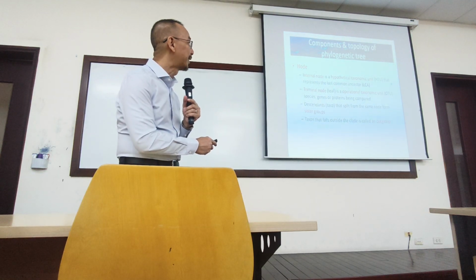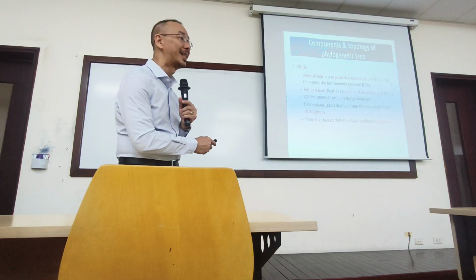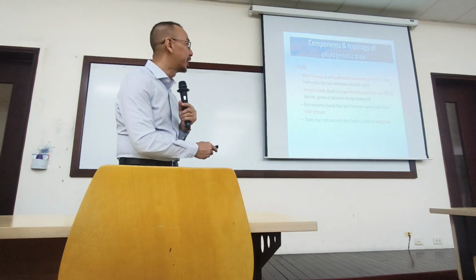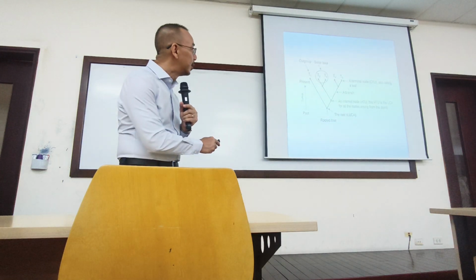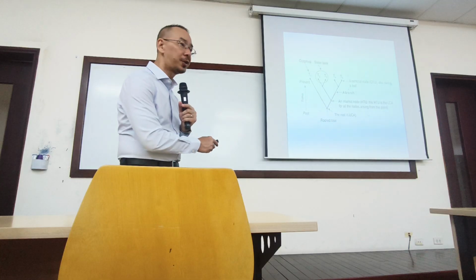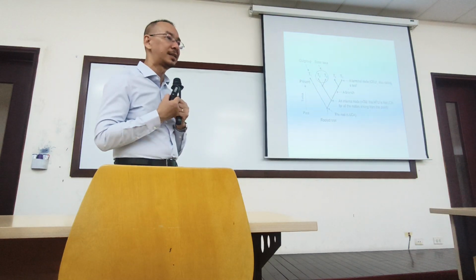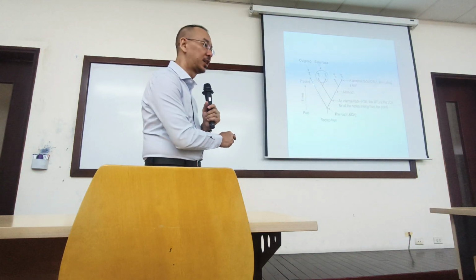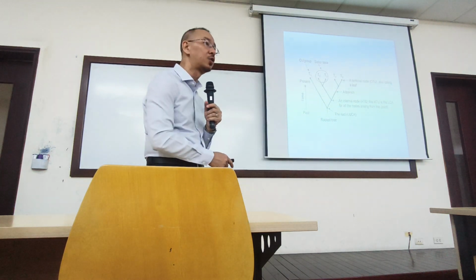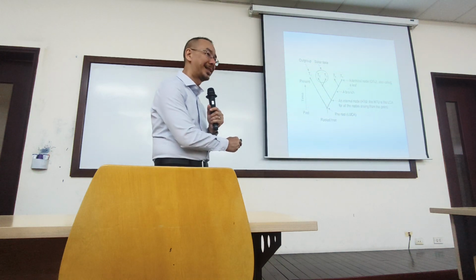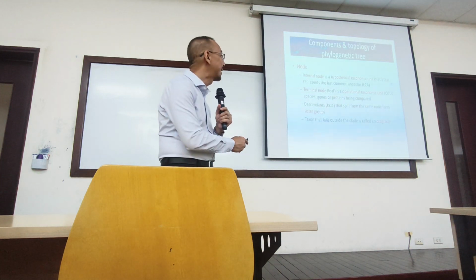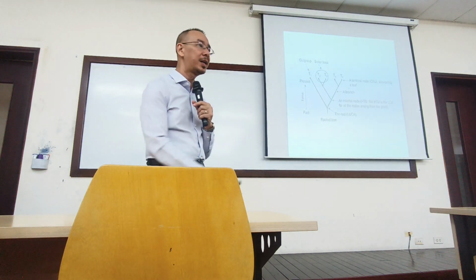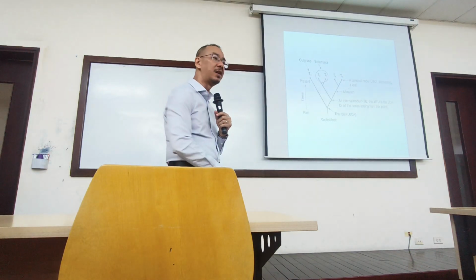Internal node, hypothetical taxonomic unit, represents the last common ancestor. Where here we call internal, and internal represents the common ancestor. From the common ancestor, it split into new species T2 and T3. That's the common ancestor, hypothetical. Hypothetical, what does it mean? Because we cannot identify the specific species here.